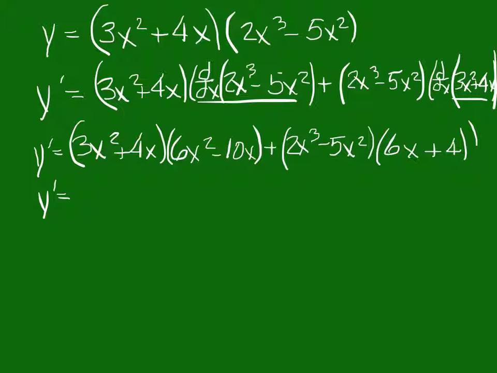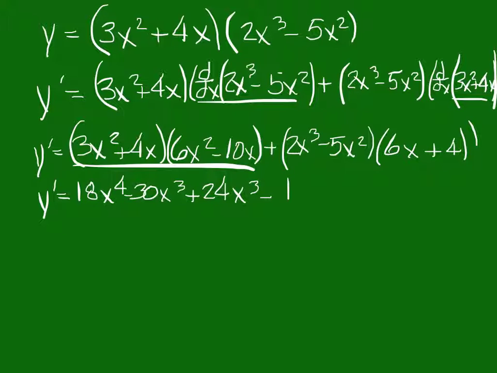Now you have to use FOIL, multiply out. So we're multiplying these two quantities here to come up with 18x to the fourth minus 30x to the third plus 24x to the third minus 40x squared. And then multiply the back two quantities.